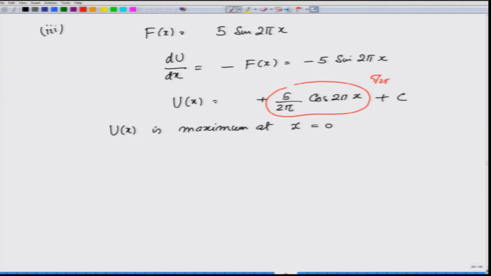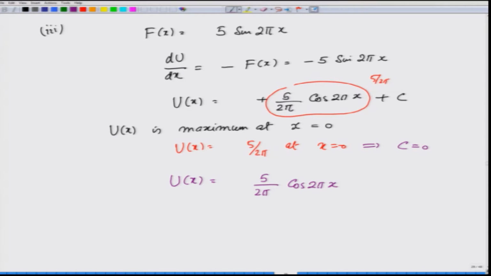So, I am going to say actually ux is equal to 5 over 2 pi at x equals 0, and then what we get is this immediately implies c equals 0, and therefore ux is going to be 5 over 2 pi cosine of 2 pi x.